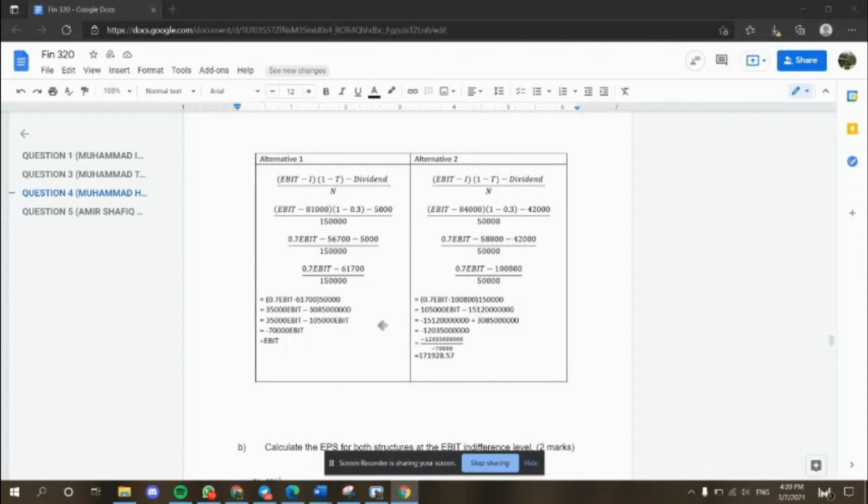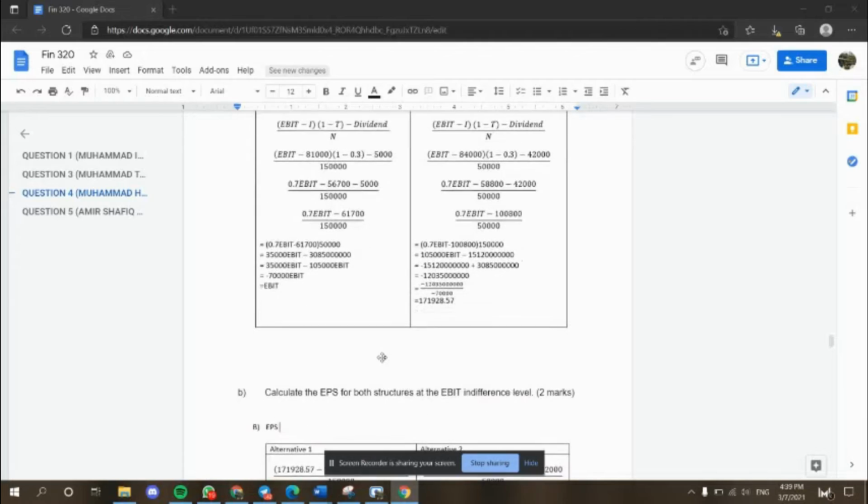Next, we need to find the value of EBIT by moving to the left side, and we got the value of 171,928.57.